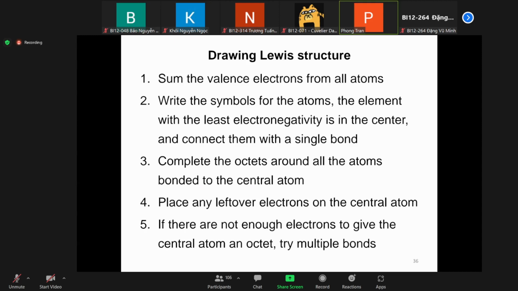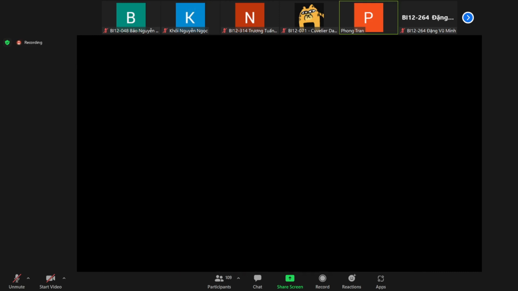If there are not enough electrons to give to the central atom to satisfy the octet rule, you do the multiplication of the chemical bond. So basically, you start with a single bond, and if the single bond is not correct, you change to a double bond and then a triple bond later.